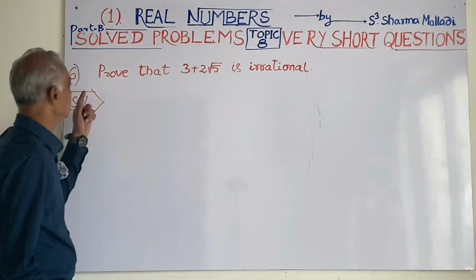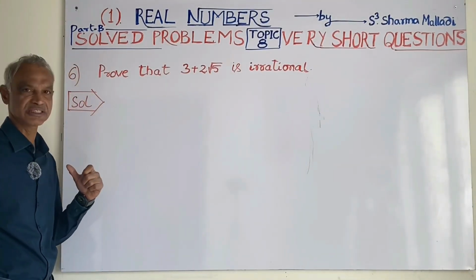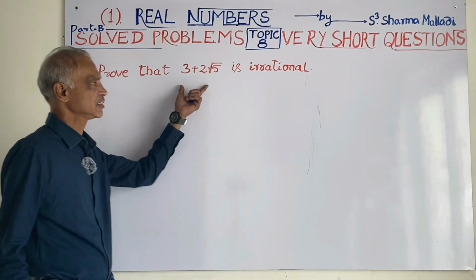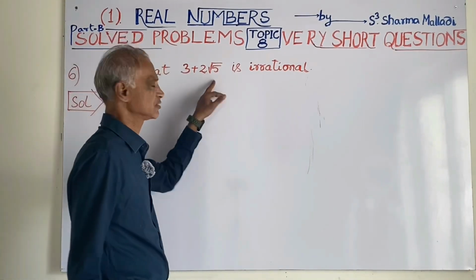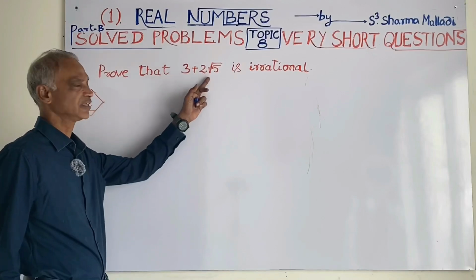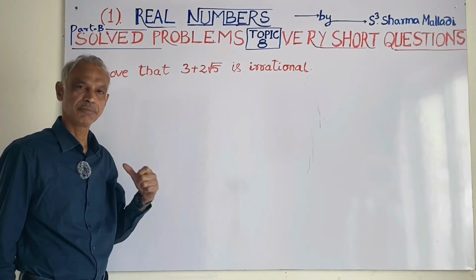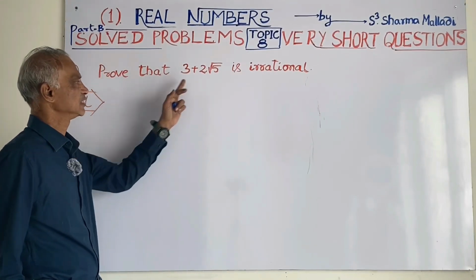What is our sixth problem? Prove that 3 plus 2 root 5 is irrational. It is irrational, we know, because root 5 is there. We know this is irrational, but we have to prove it. By indirect proof, we have to prove this is irrational.